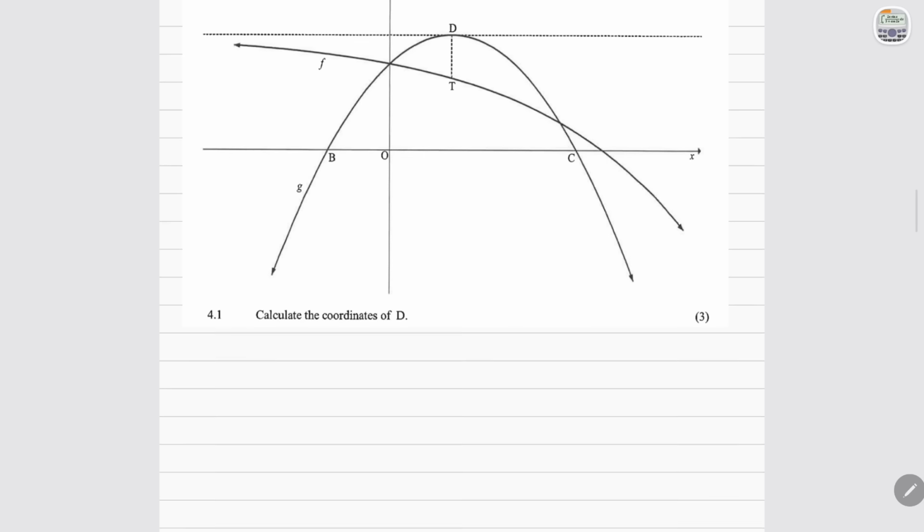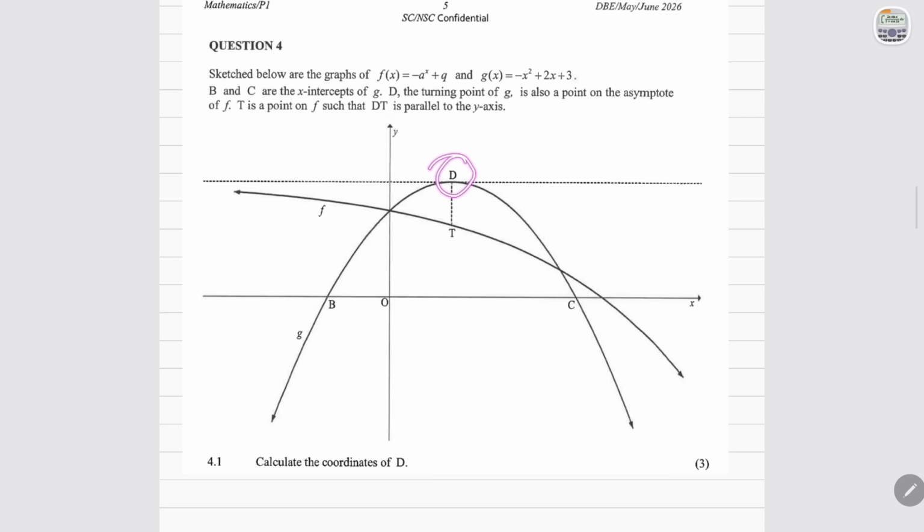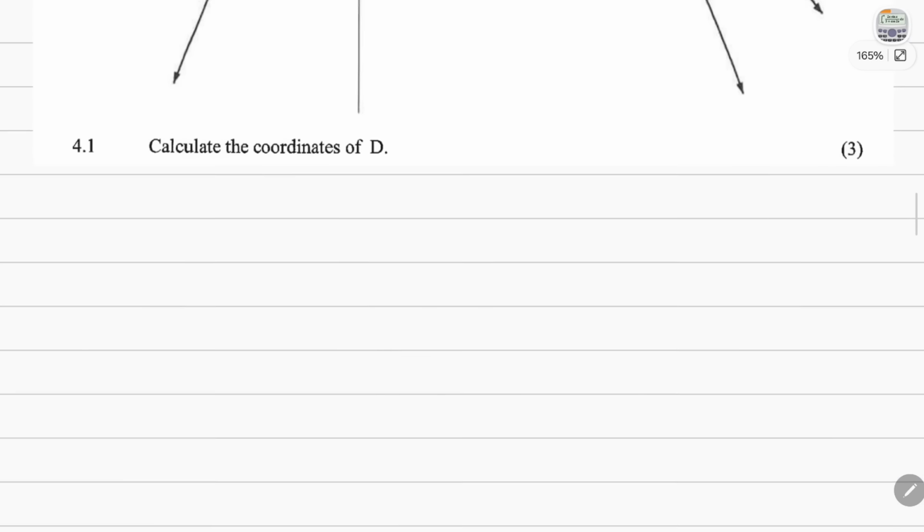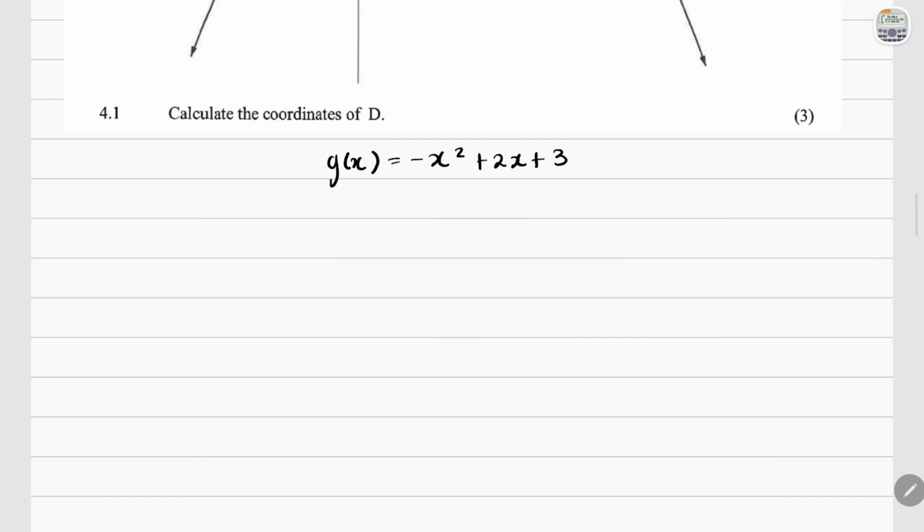So 4.1 says calculate the coordinates of D. So D is the turning point of our graph G. How do you find the turning point? If they give you the equation of your parabola in standard form, you can use one of two methods. So I'm going to put down the equation here. You can either use the axis of symmetry. This would be more of a grade 11 method.